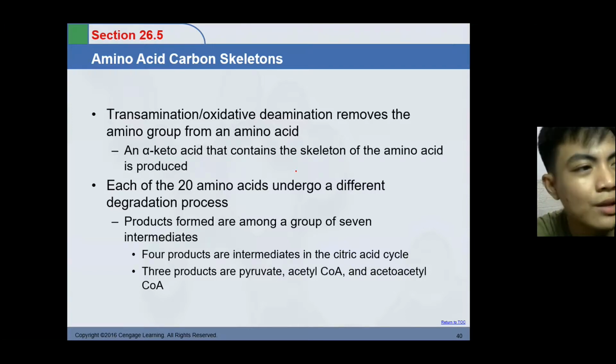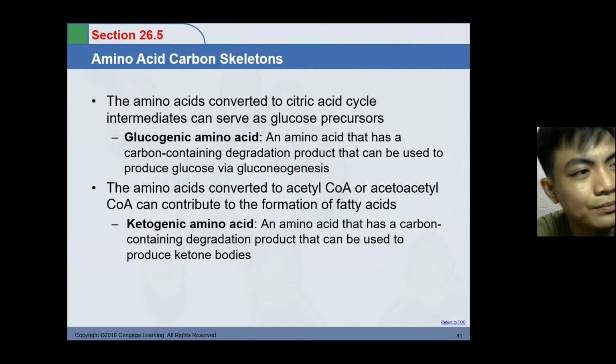Our 20 amino acids are obtained from the nitrogen part of your amino acid. And the carbon groups there can be used for the production of energy. However, not all amino acids can be used for energy production. There are specific amino acids that we can use.